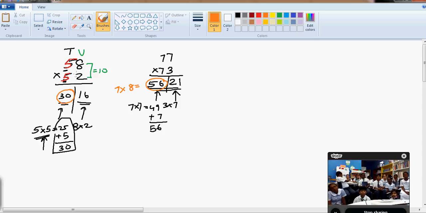Now I'm trying to recollect the table of 5. What is 5 times what is 30? 6. Okay. So just keep this in mind and we'll try one more problem. Let's say we have 84 times 86. Can you all work out the answer on your own?